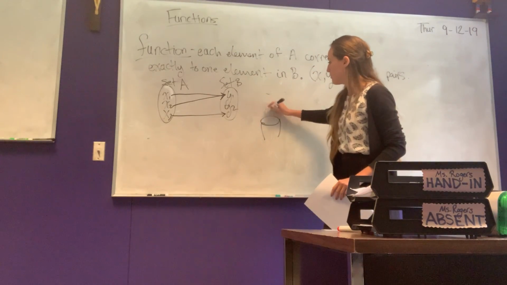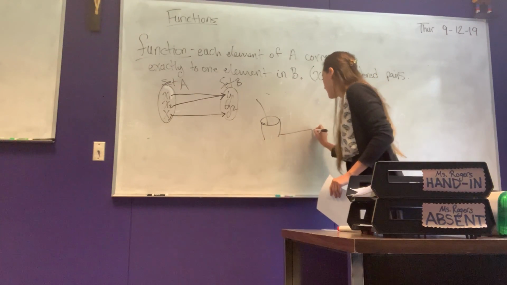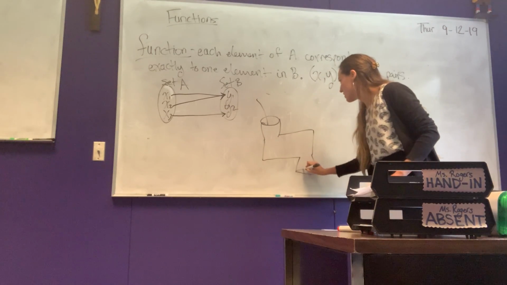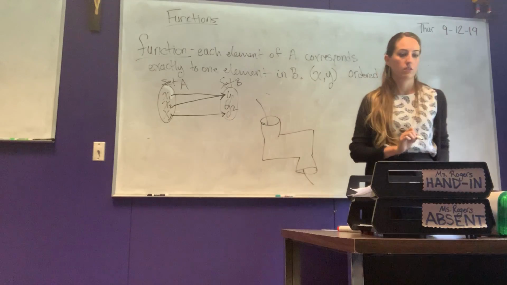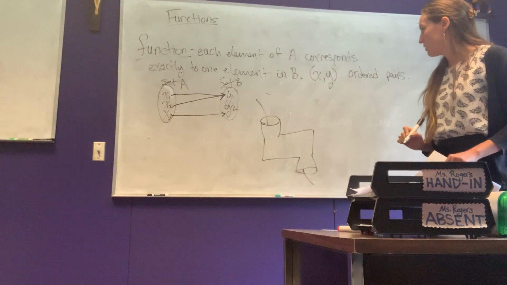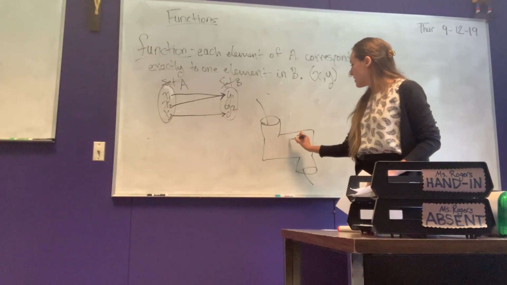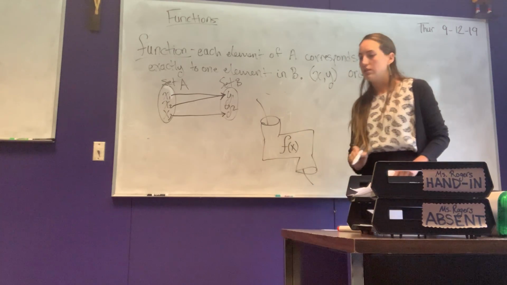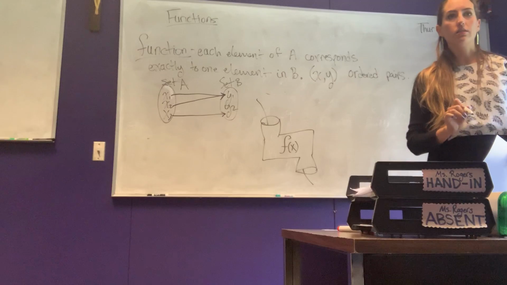Give yourself some space to put things in, and some space for the things that are going to come out of it. Oh, I messed that up. It's okay. Give ourselves a fancy F for a function. That is a function machine.